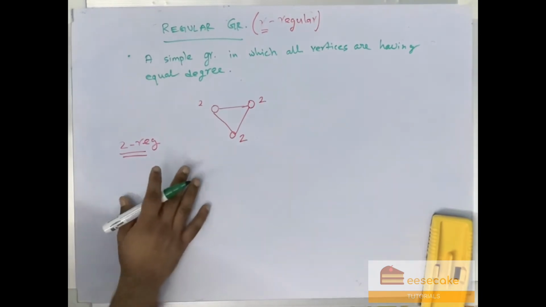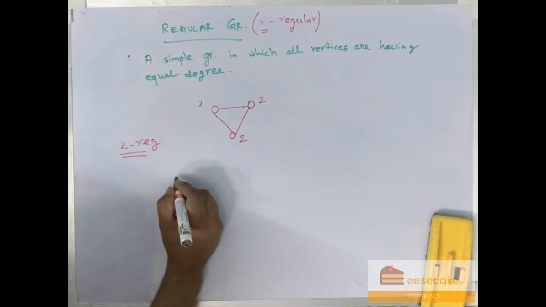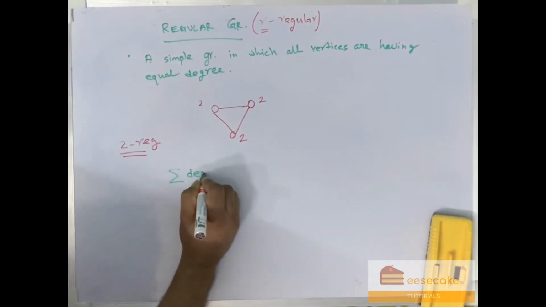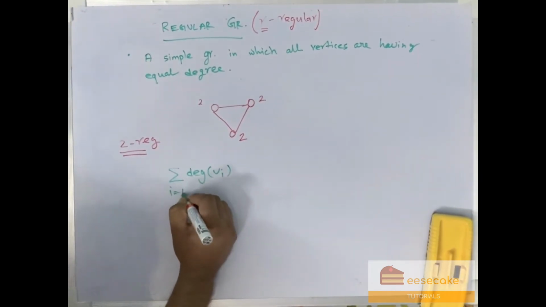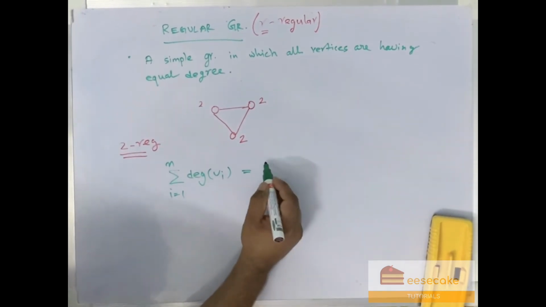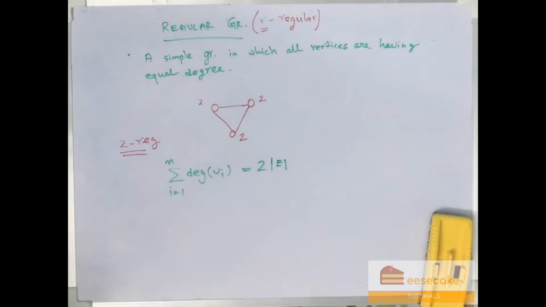Now from here we can conclude, or we can come to an equation. If you remember, we learned the sum of all degrees of vertices, where i is 1 to n, is equal to twice the number of edges, right?